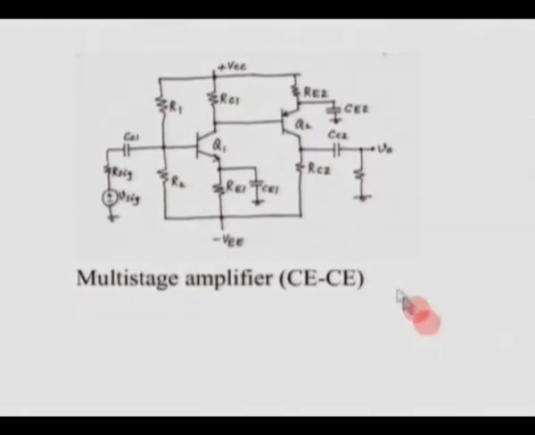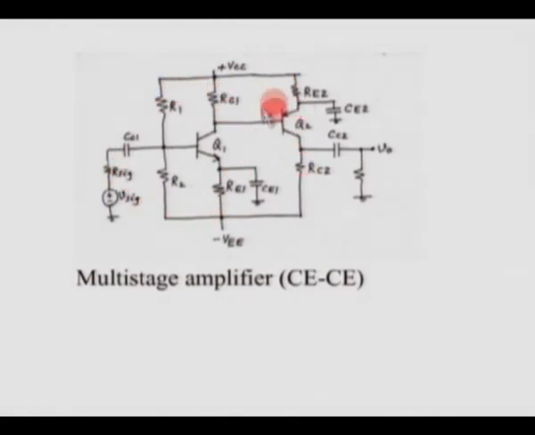Now, what we have here is an interesting multi-stage amplifier, which is nothing but a cascade of two common emitter stages. The first stage is the standard common emitter amplifier which we considered yesterday, and this is an emitter-bypassed common emitter amplifier, and everything looks very familiar.